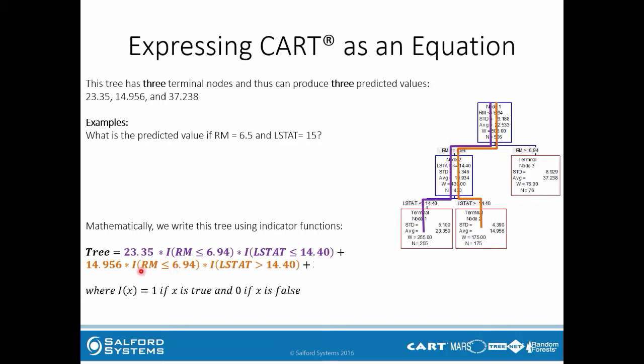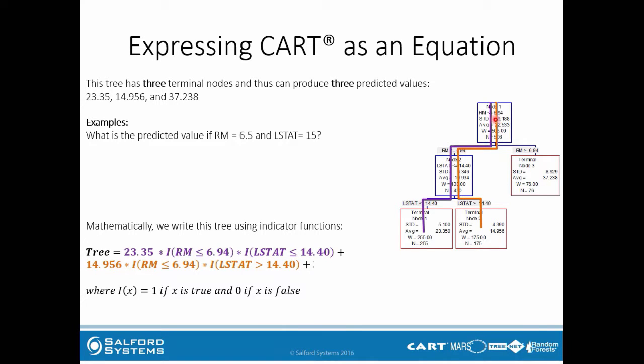So in this case, it's still going to be Rm is less than or equal to 6.94, which is actually what we have up here, and that's just because both of these paths, at least initially, go through this same node. But the difference is going to be, instead of Lstat being less than or equal to 14.4, which would take you here, it's now just going to be greater than 14.4, which is here. So if both of these conditions are satisfied, meaning they're both true, then the predicted value will be 14.956.